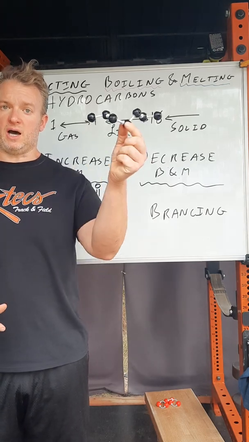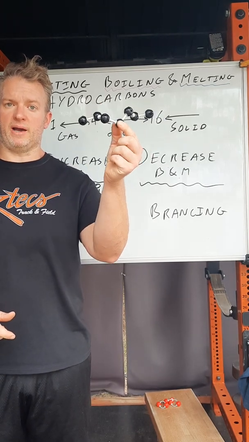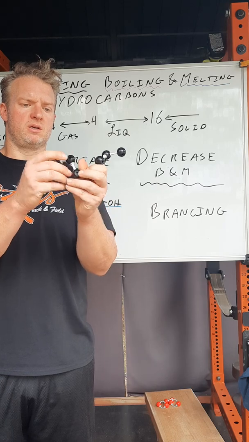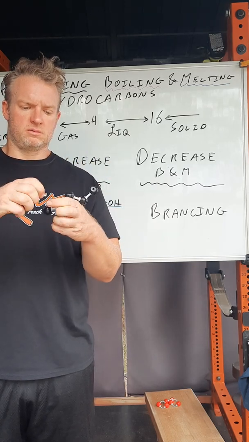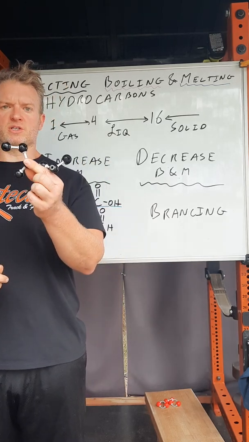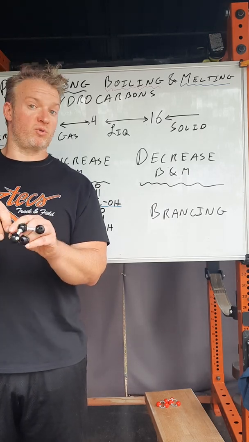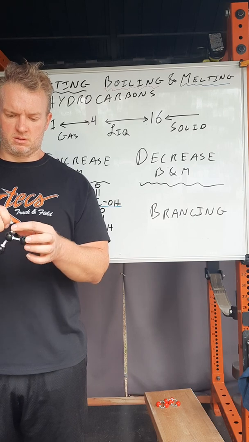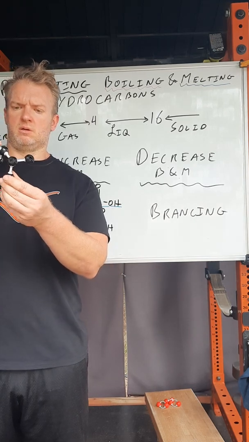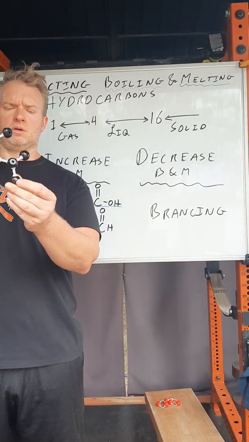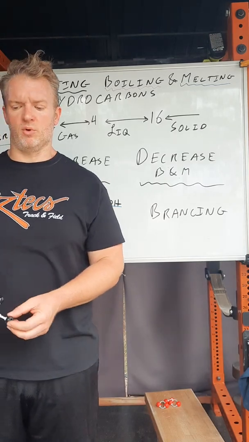This is going to have a higher boiling point, a higher melting point. Here's a branch that's going to be a lower melting point, a lower boiling point. If it were to branch again, this would be lower melting point and lower boiling point still.